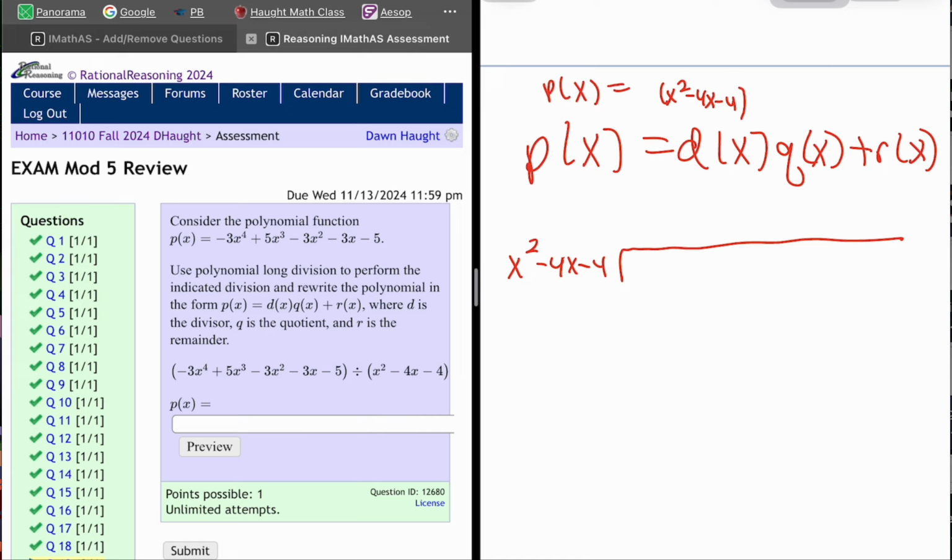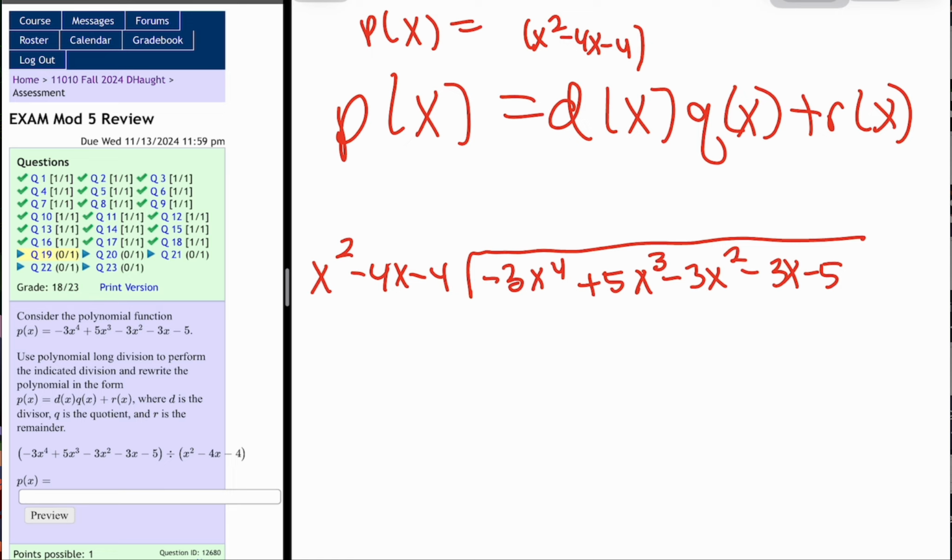Okay, let's divide it out. As I'm writing this down, I am checking my powers. So it goes 4, 3, 2, 1, nothing. Now I'm going to slide this over and do my division. What do we have to multiply x squared by to get negative 3x to the fourth?